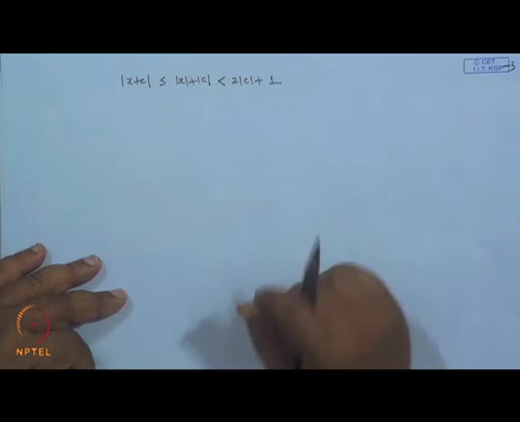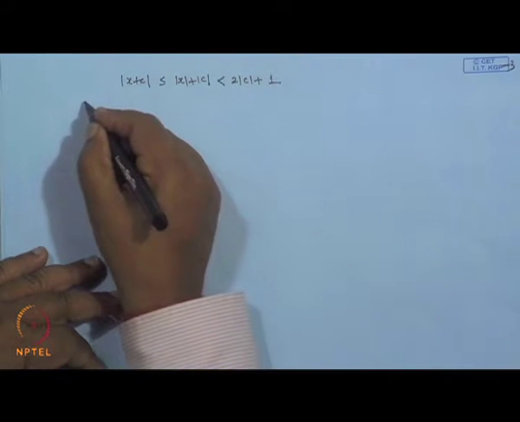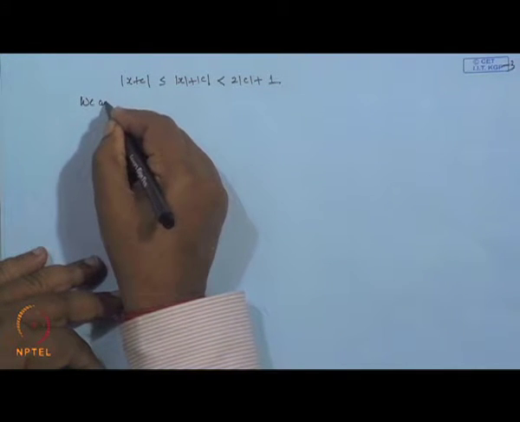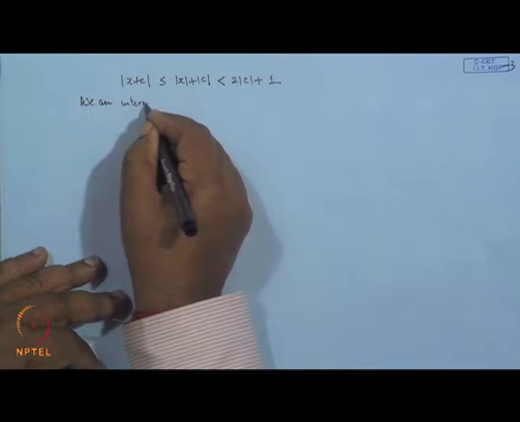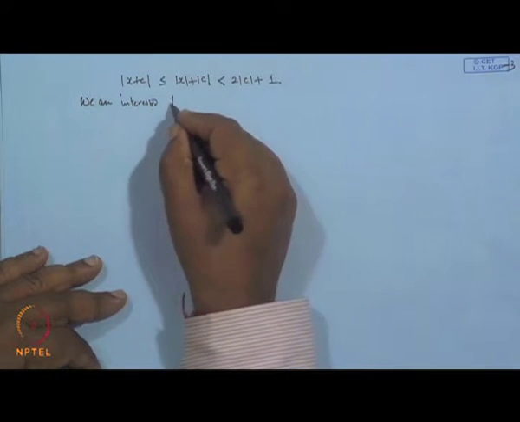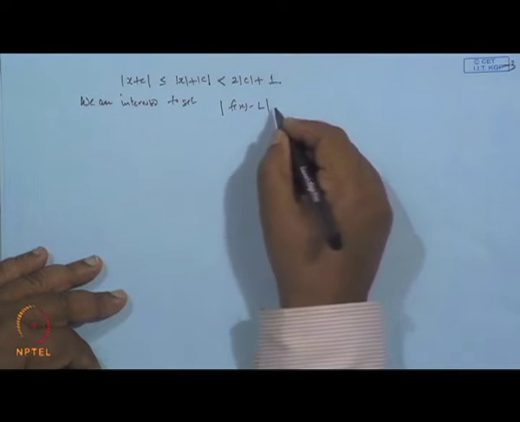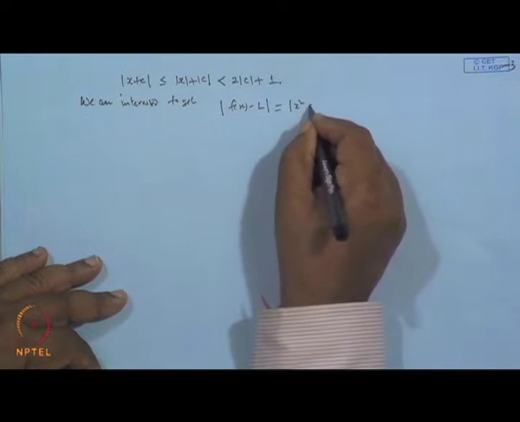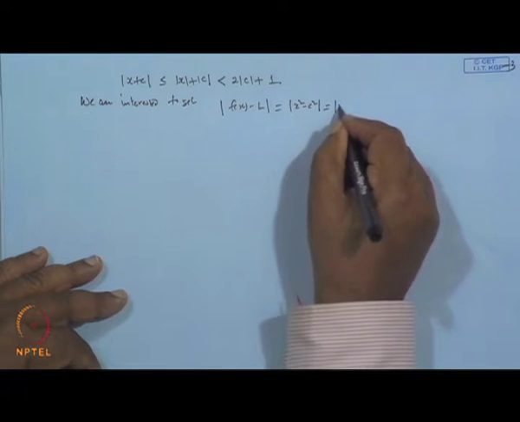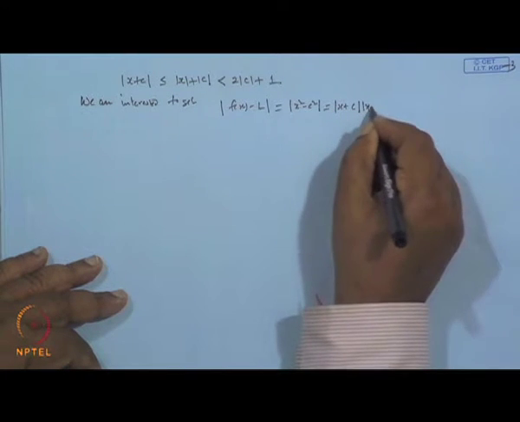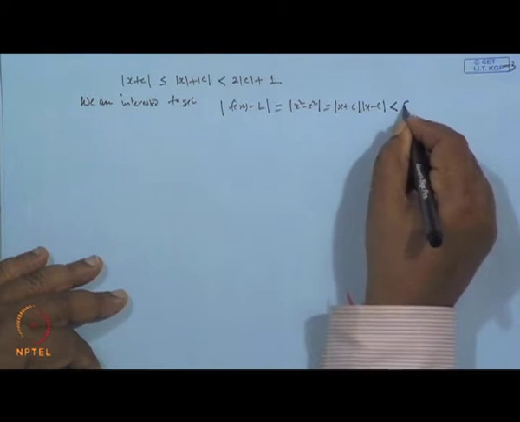Now, what we are interested in is to get |f(x) minus L|, which is the same as |x squared minus c squared|, which is the same as |x plus c||x minus c|, to be less than epsilon.